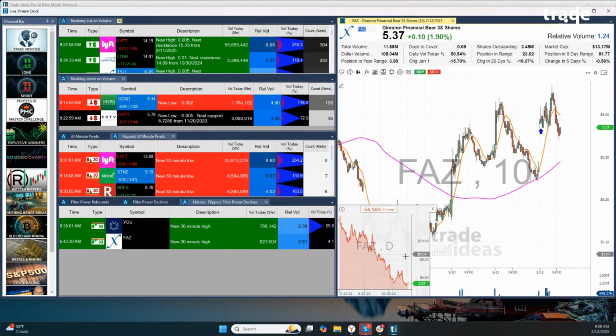So FAZ is trying to do it. When it was over here, it was trying, but it had a huge pullback because the market was bearish, but it's kind of turned around. And when the market pulls up, the FAZ goes down. Just some high level stuff.